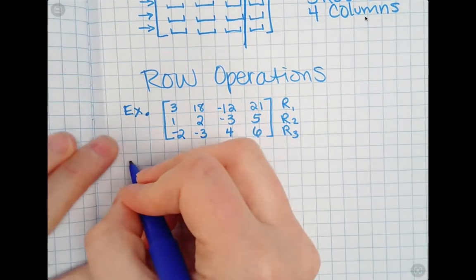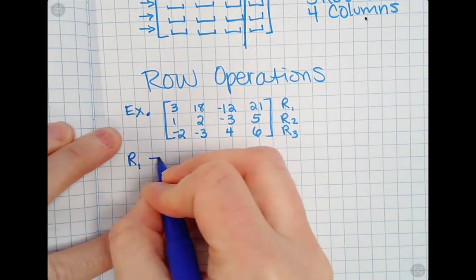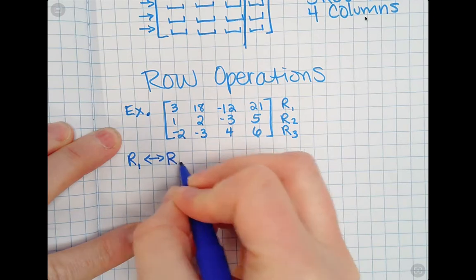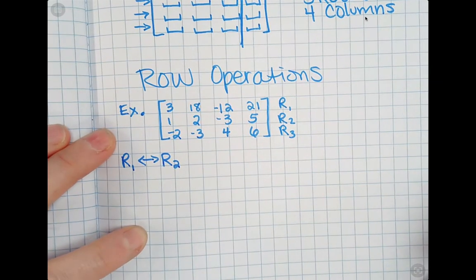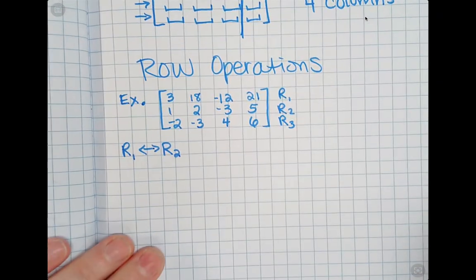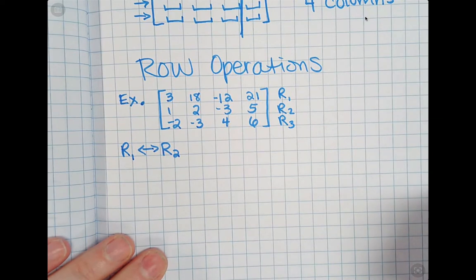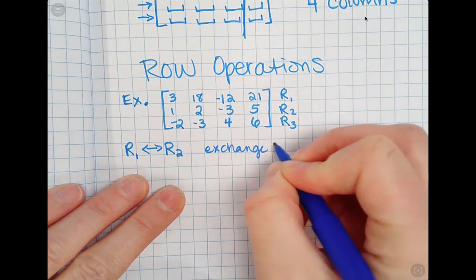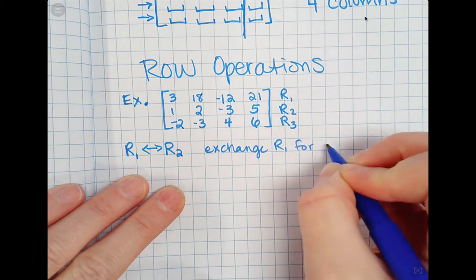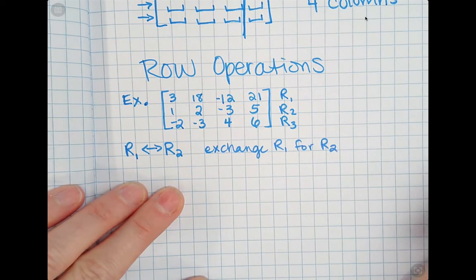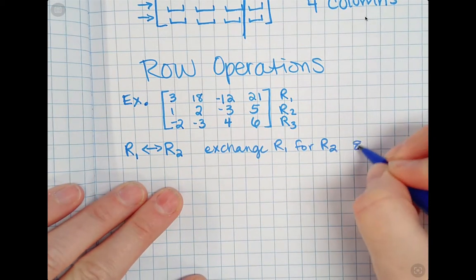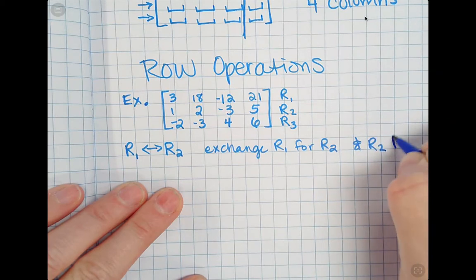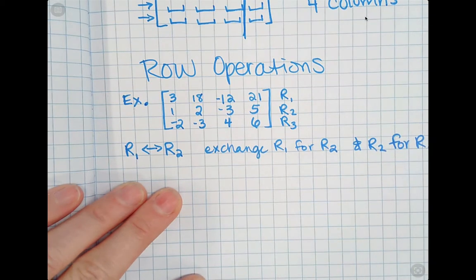So this is your row 1, this is row 2, this is row 3. So we could do an operation like this, row 1 to row 2. All that means is you are going to exchange them. And row 2 for row 1.